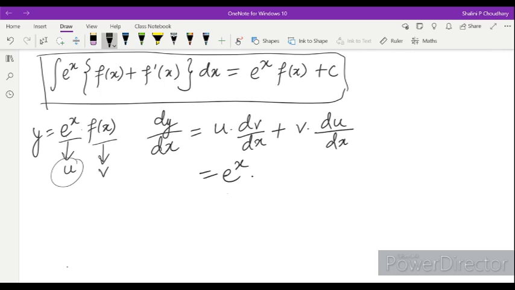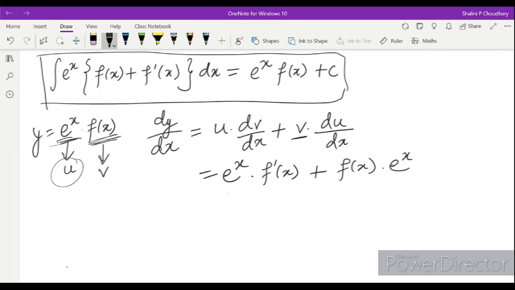Then dv upon dx, v is f of x, so the derivative of f of x will be f dash x. Now what is the value of v? v is f of x, so we'll write here f of x. And now du upon dx, u is e to the power x, and the derivative of e to the power x with respect to x will be e to the power x.